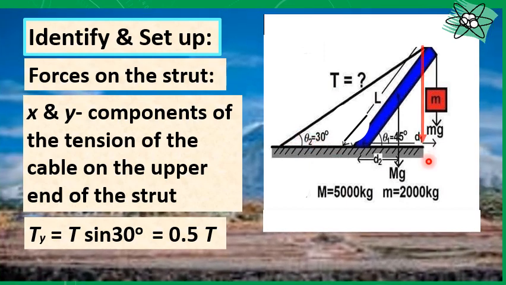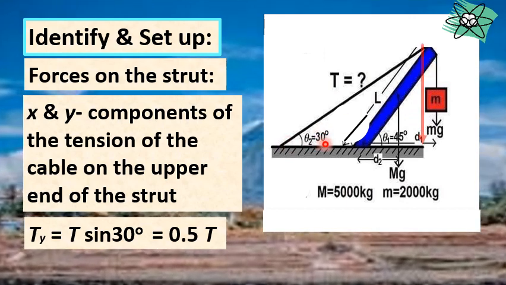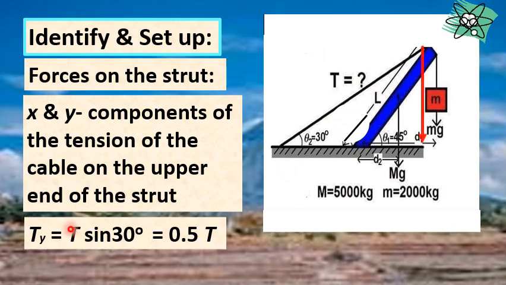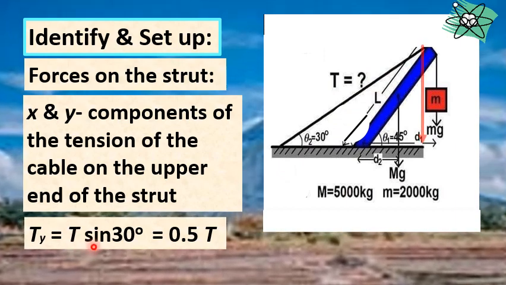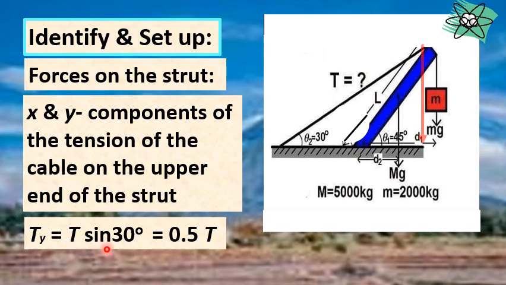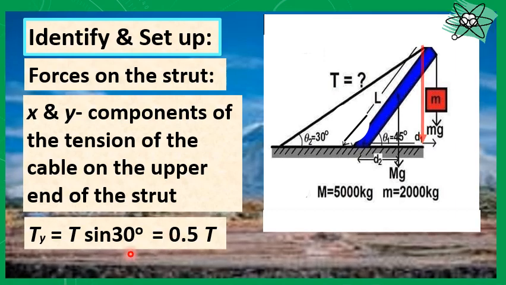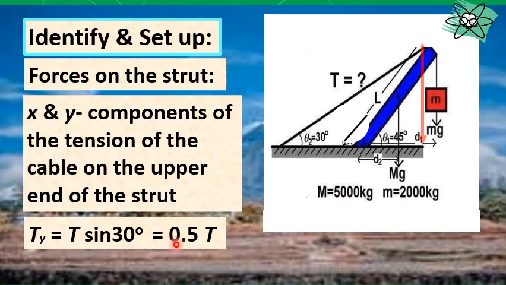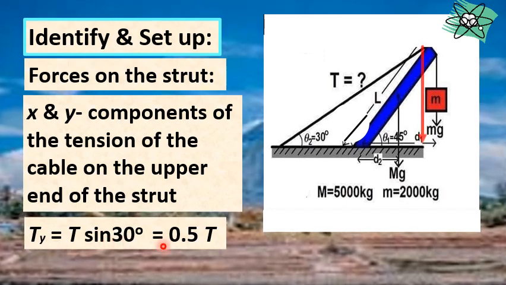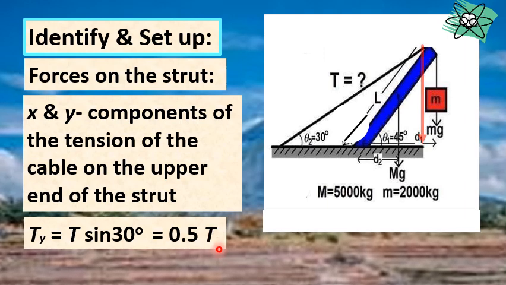So in terms of the angle 30 degrees and the tension force T, T sub y can just be expressed as the product of the tension force capital T and the sine of the angle 30 degrees. So that is, T sub y is just equal to 0.5, which is the value of sine 30 degrees, multiplied by, of course, the tension capital T.